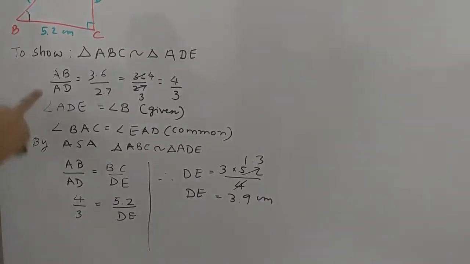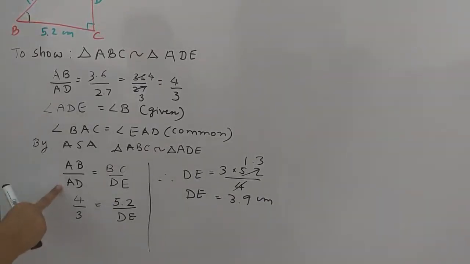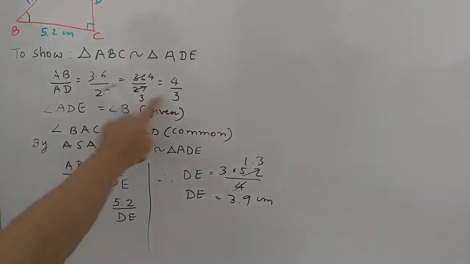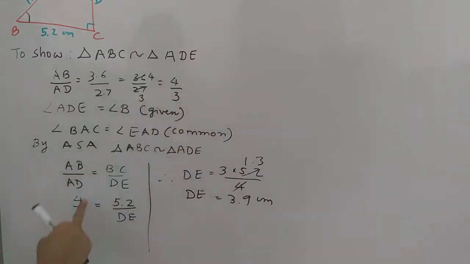So I have written AB upon AD, again AB upon AD, and which value do we want to find? DE. So write BC upon DE, that is corresponding sides ratio. Now AB upon AD we have already found as 4 by 3. So I place the value here, 4 by 3. And BC value is 5.2, DE as it is.